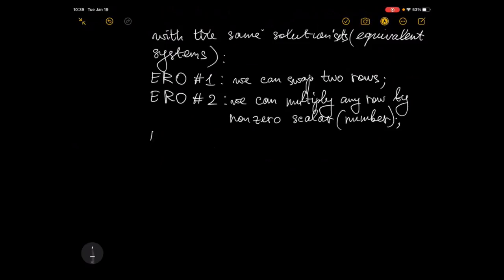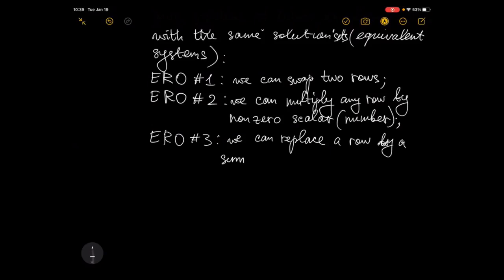Okay, and elementary row operation number 3, we can replace a row by some of this row and a multiple of another row.